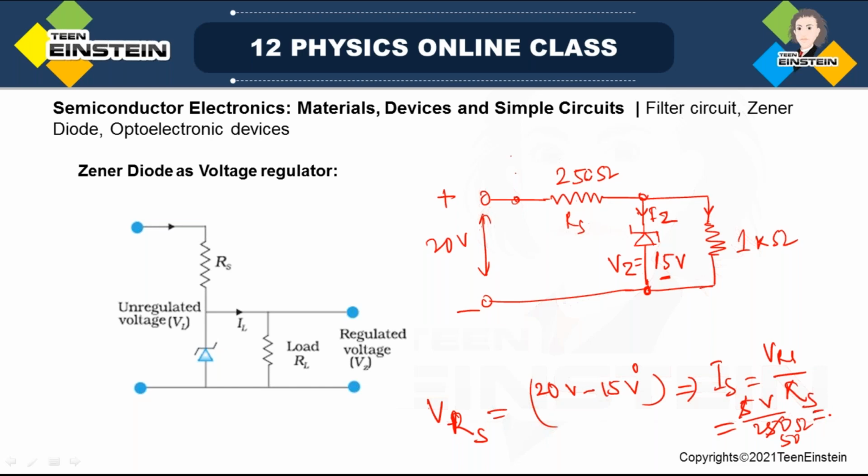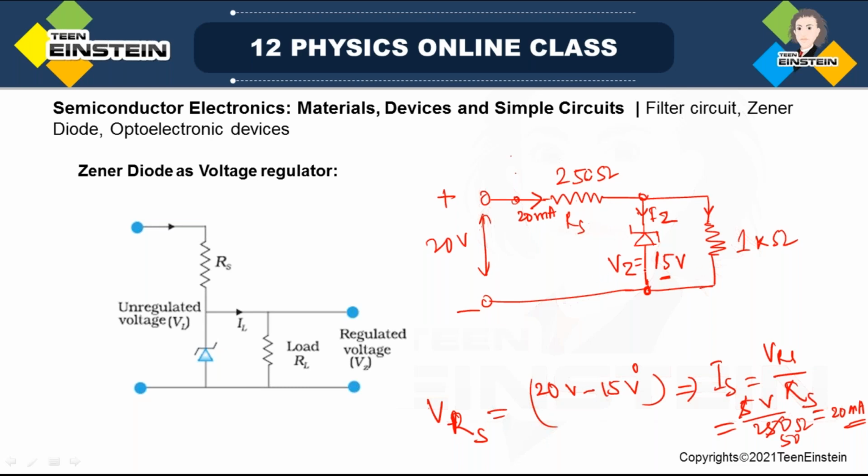If you multiply by 1000, then you get around 20 milliampere current through Rs.